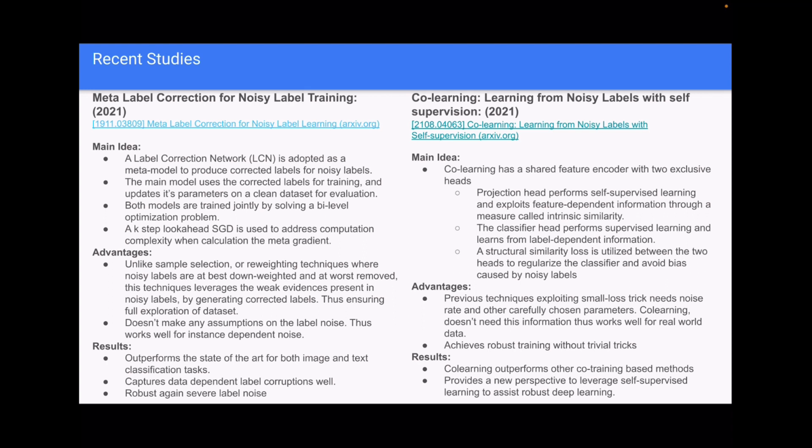Most real-world datasets are like that. Techniques which exploit the small loss trick are abundant, but they would not perform well in real-world data because we don't have the noise rate information. Since this co-learning technique does not need it, it performs really well in real-world data, and it achieves robust training without any trivial tricks. Co-learning outperforms other co-training based methods, for example MentorNet or Co-teaching, and provides a new perspective to leverage self-supervised learning to assist robust deep learning.